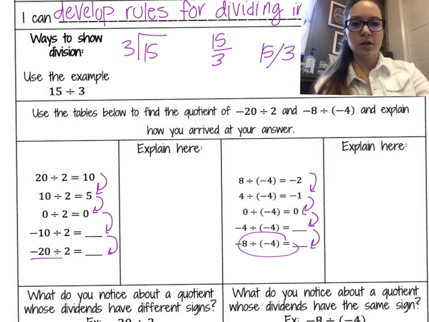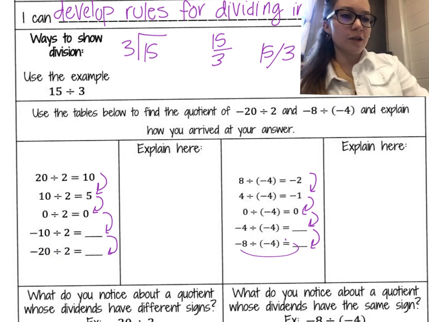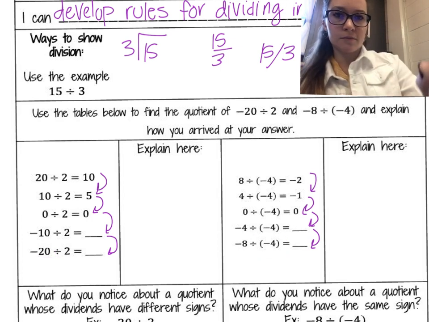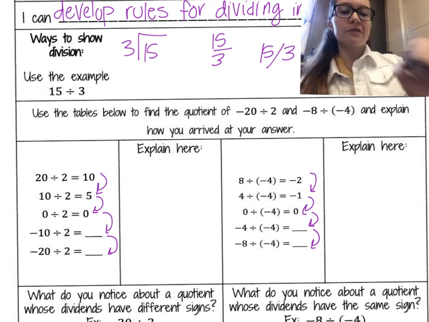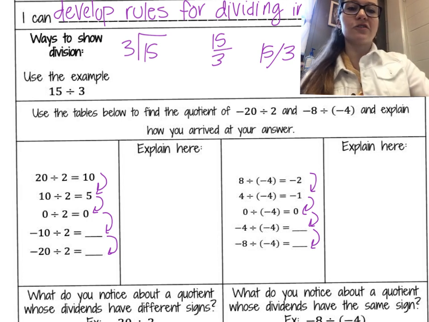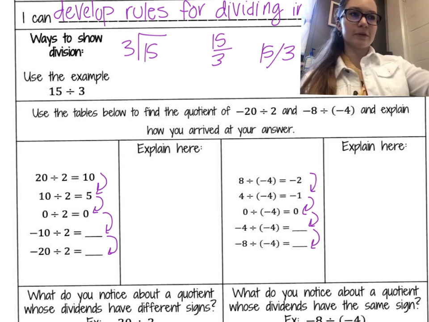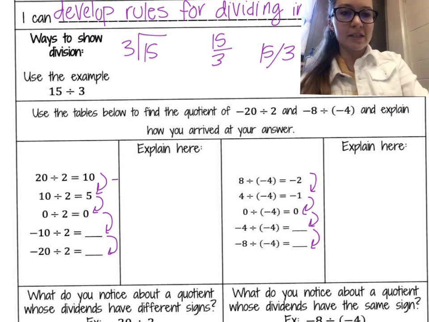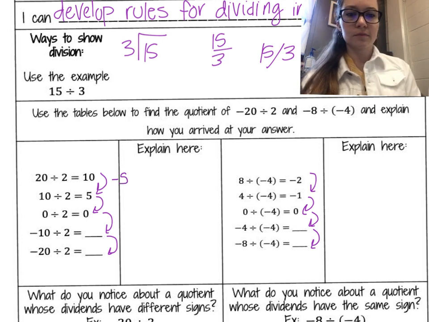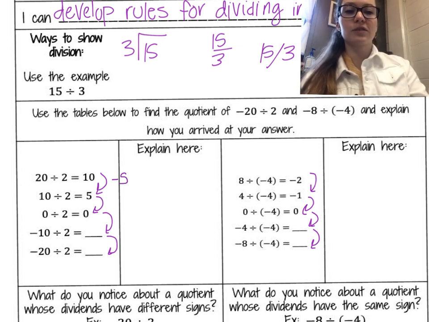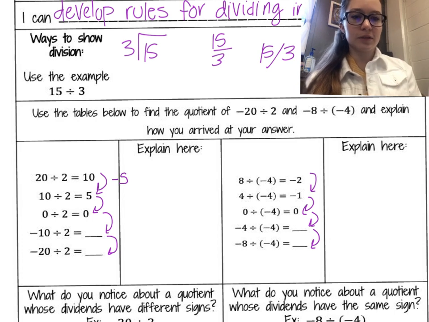Okay, so let's talk about what you should have been noticing. So I see that 20 divided by 2 is 10. 10 divided by 2 is 5. To get from 10 to 5, I'm subtracting 5. And then 0 divided by 2 is 0.